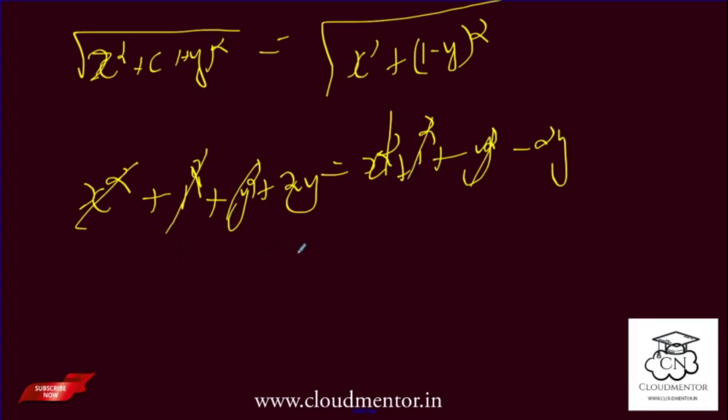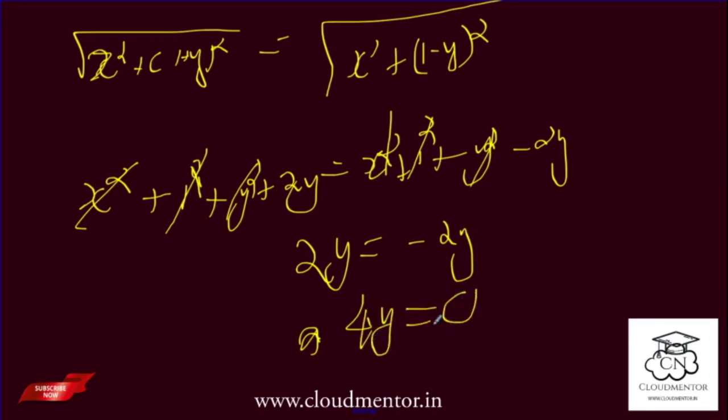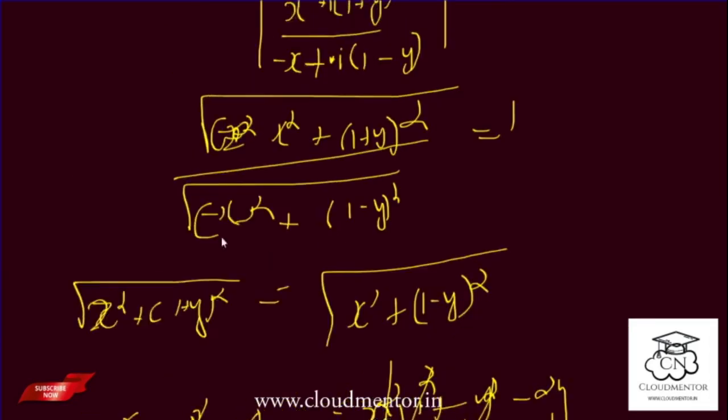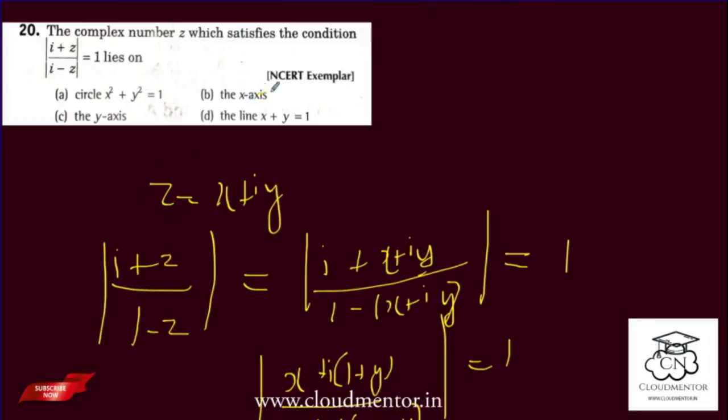What is left is 2y equal to minus 2y, and from that, taking minus 2y towards the left, we get plus 2y, and that is 4y equal to 0. That means y equal to 0. Y equal to 0 is the equation for the x-axis. So option B, the x-axis, is the right answer.